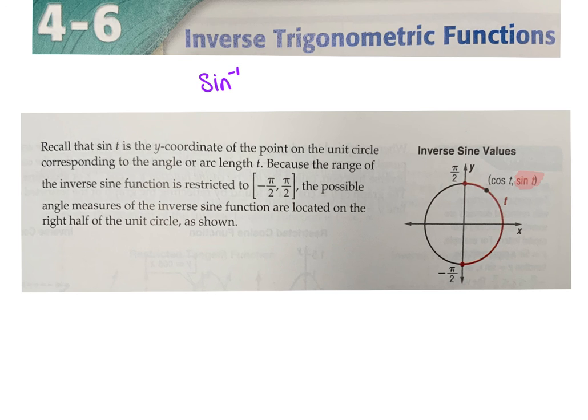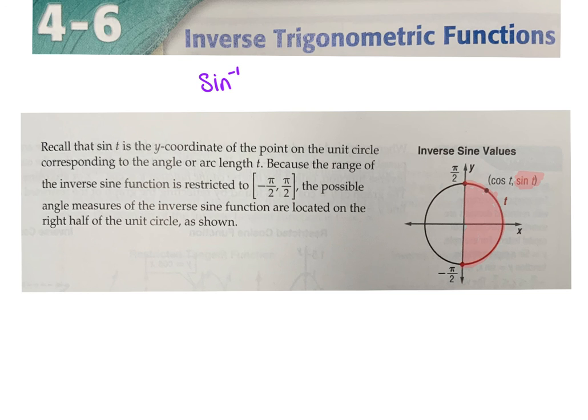Unless they tell you it's the whole unit circle, give me all the places, and there will be times when it says that, you can assume they want either the first quadrant or the fourth quadrant. Why would they do that? Well, because this encompasses all the possible options for sine. This gives me all the positive options for sine. This gives me all the negative options for sine. Does that make sense?